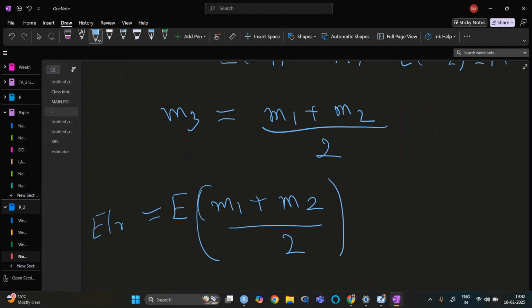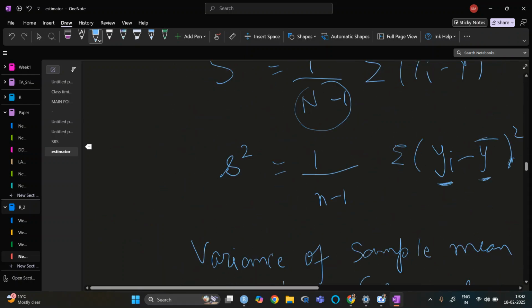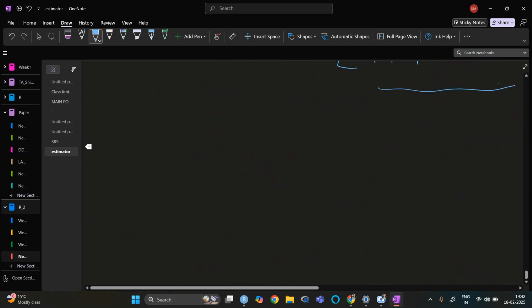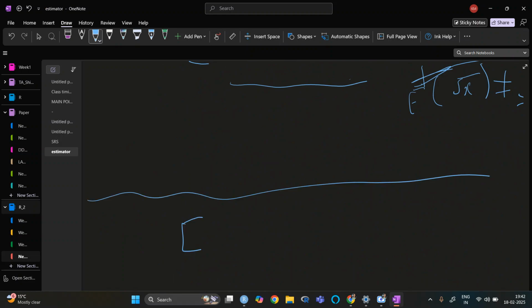What is the property of expectation? The expectation has this nice property that E of x plus y is equal to Ex plus Ey.